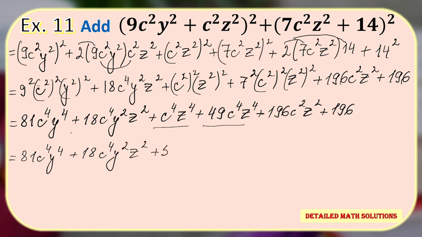Plus 50 c to the 4th power z to the 4th power plus 196 c squared z squared plus 196. This polynomial can't be simplified further and is the final answer for this exercise.